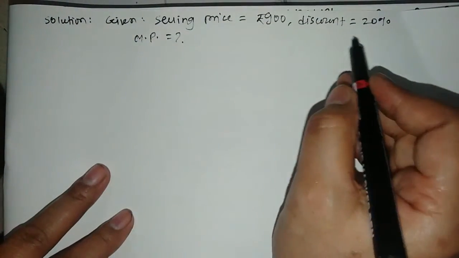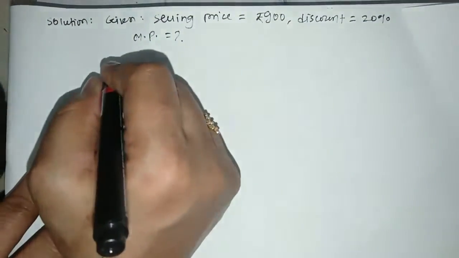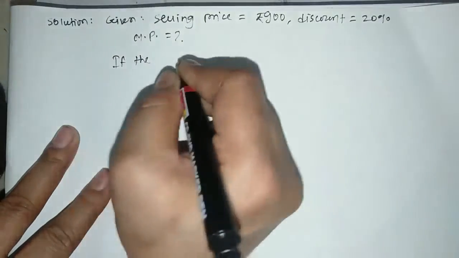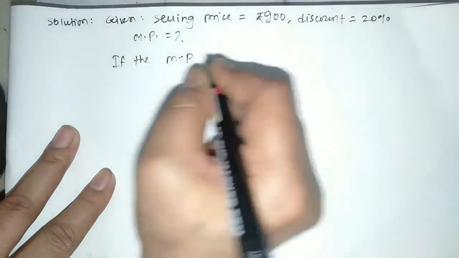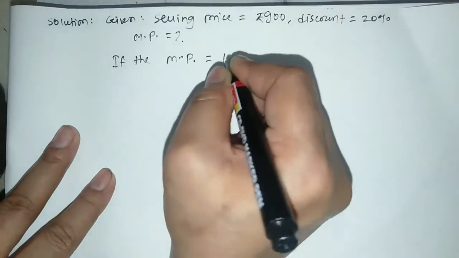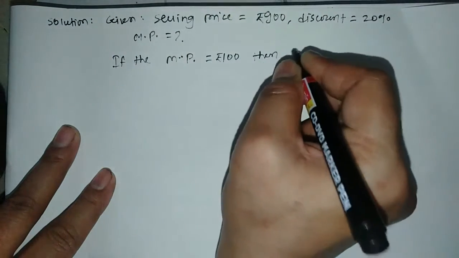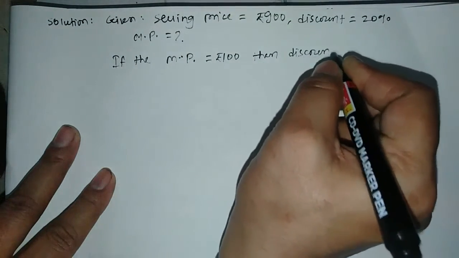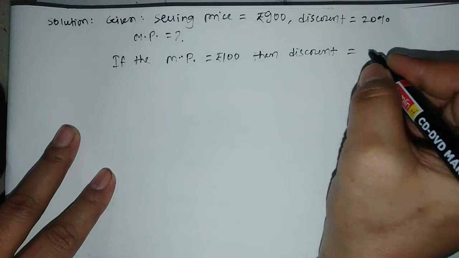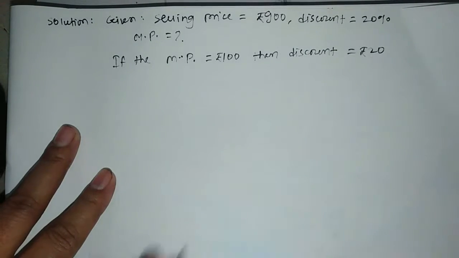So if the discount is given in the percentage, it means if the mark price is equal to 100 rupees, then discount is equal to 20 rupees.